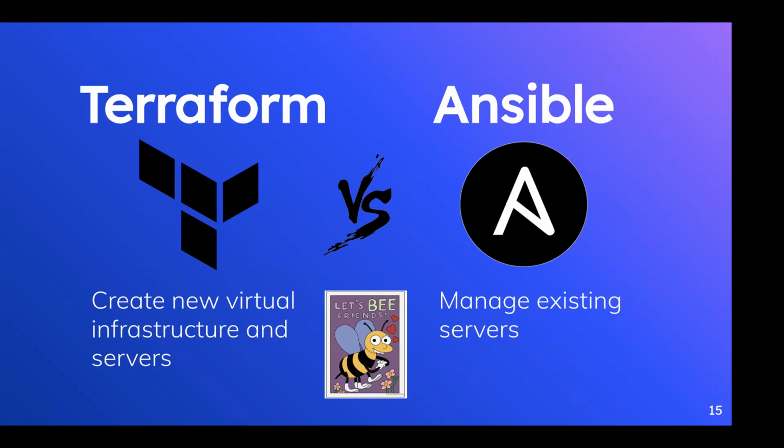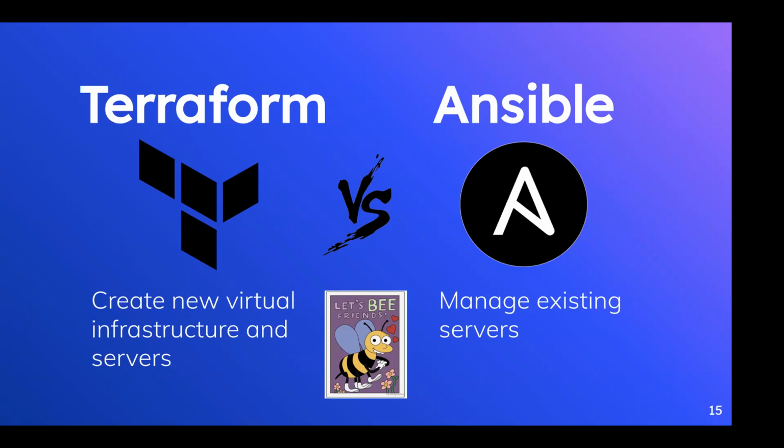Ansible, Puppet, Chef, things like that, are focused on managing things that already exist. So you've got a Linux server somewhere. You can use Ansible, Puppet, Chef, whatever, to install the Apache web server or whatever application you want, and it's good to go. Terraform is more based on building out the virtual infrastructure that we just saw, and possibly spinning up new servers as well.